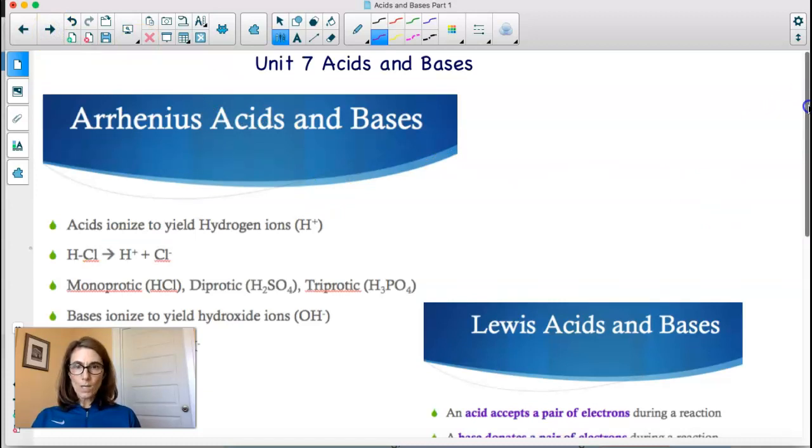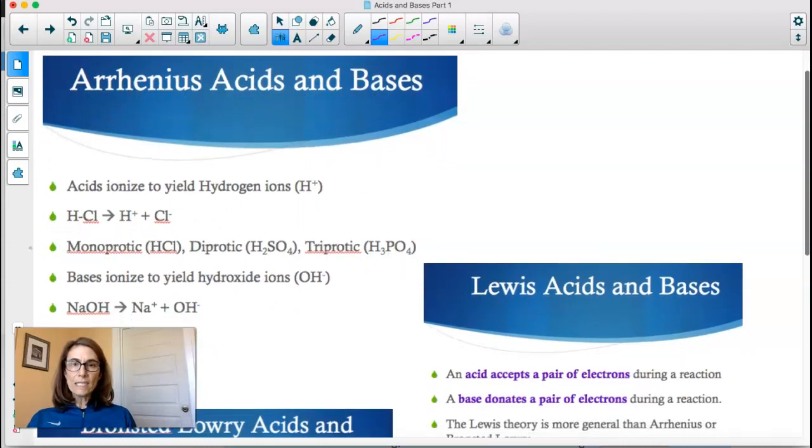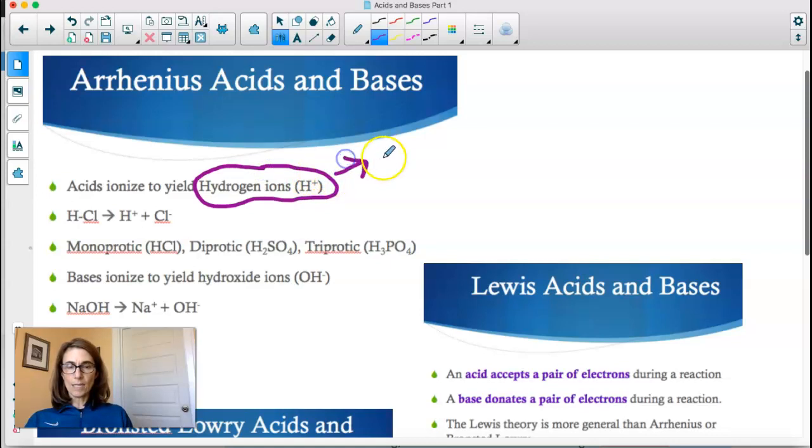Okay, so let's start with the Arrhenius acids and bases. Arrhenius defined an acid as a substance that will ionize to form hydrogen ions. Those hydrogen ions are H+. And when we talk about acids, often those H+ ions are referred to as protons, because of that +1 charge.